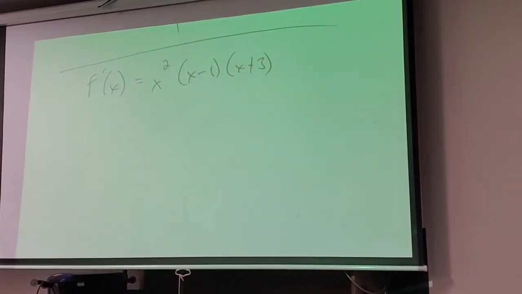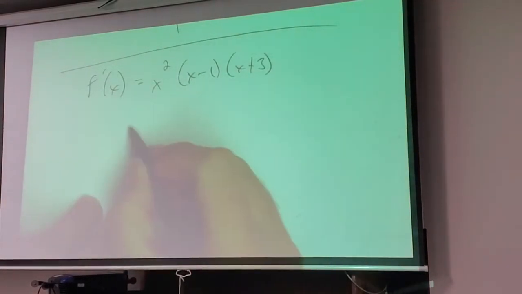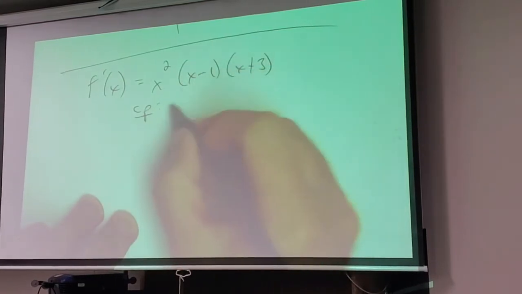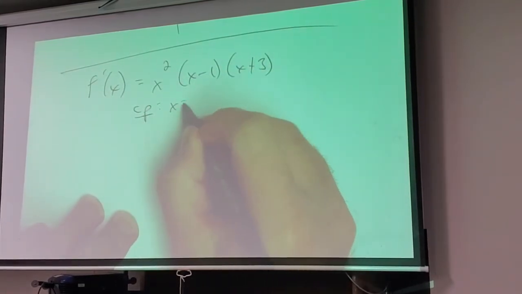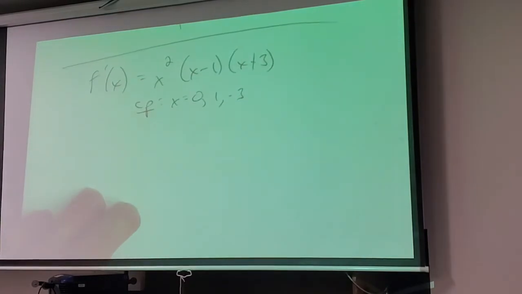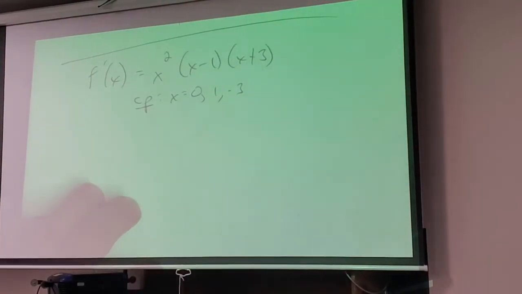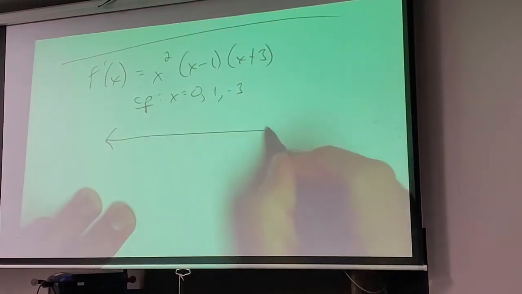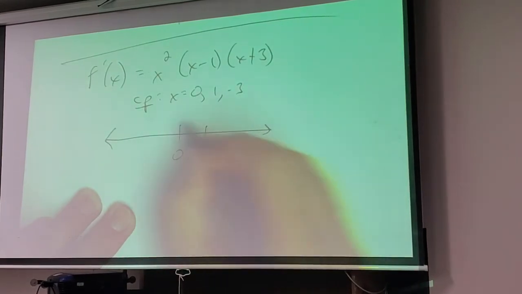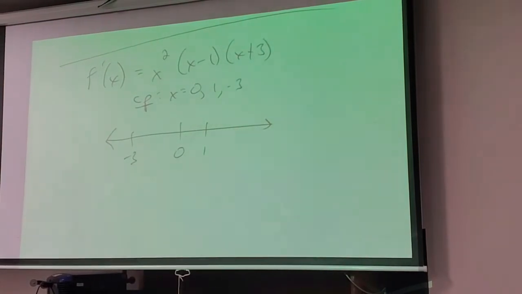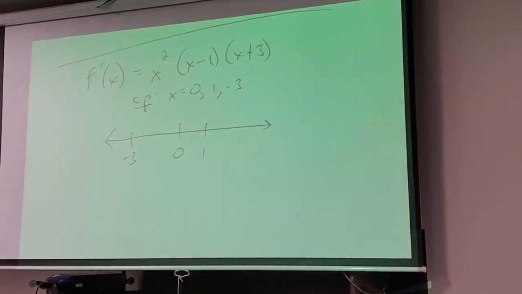And just in case, what am I going to draw to help me do that work? What are the critical points? Or critical numbers, let's say. 0, 1, and 3. Yeah. And then what do I draw to help me visualize this? Just the number line. Right, so go ahead and do that work to figure out where the local maxes and mins might be.